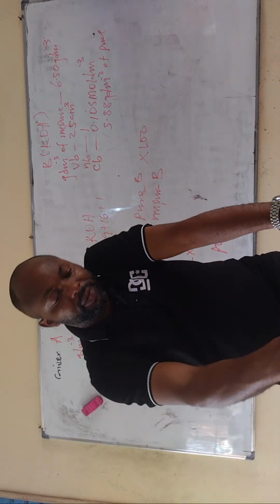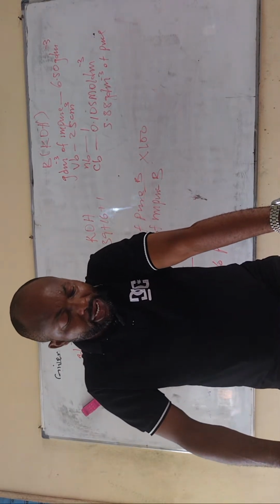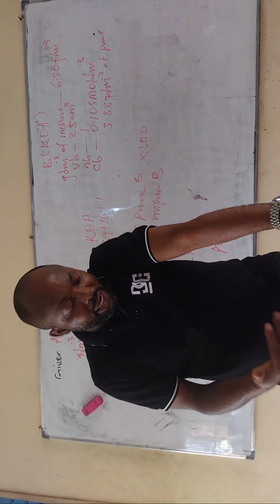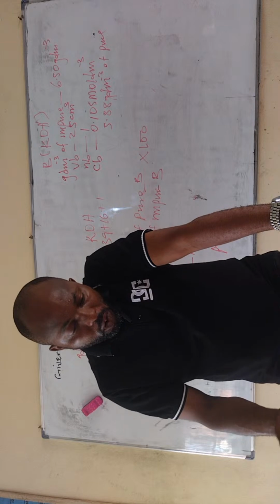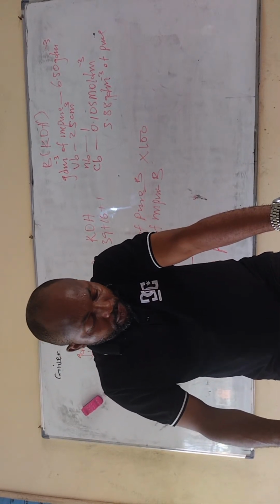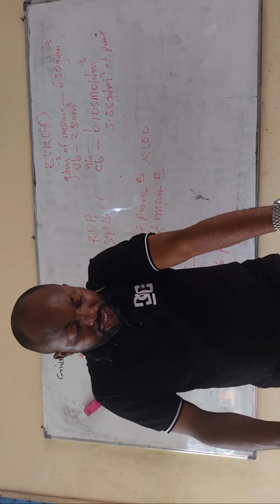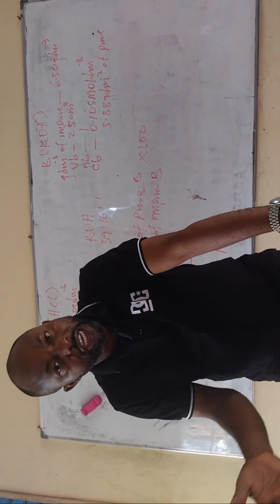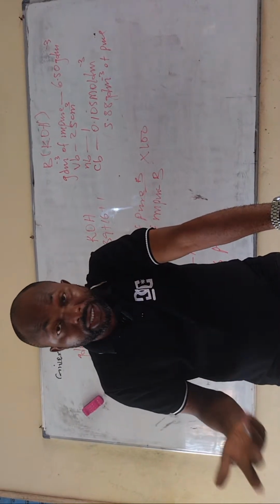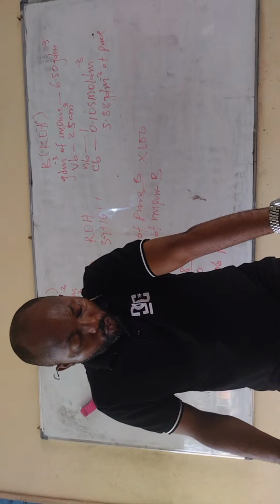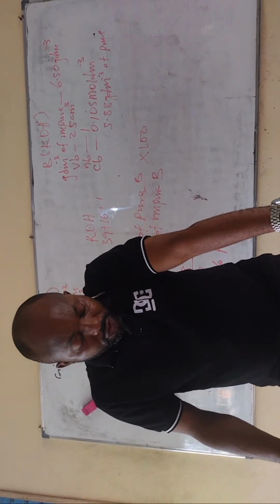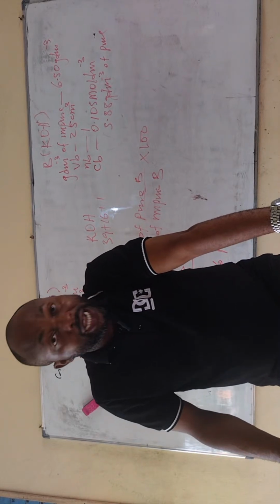All right, let's start. In the titration, 25 cm cube of an impure anhydrous sodium trioxocarbonate(IV) containing 5.0 grams in 1 dm cube, which is the same as saying 5.0 g per dm cube of solution, was neutralized by 22.20 cm cube of 0.10 mole per dm cube hydrochloric acid.